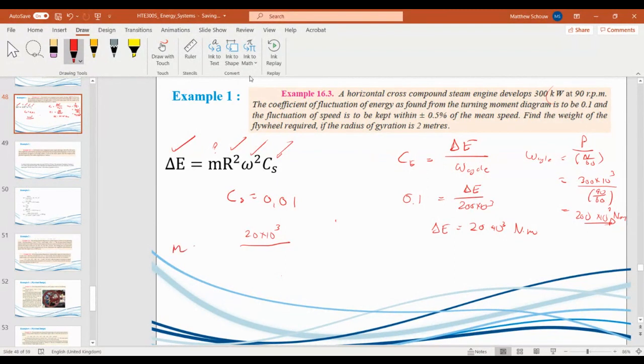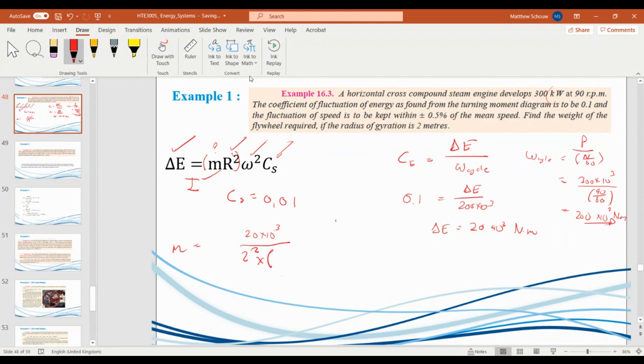So we find the mass of the flywheel, which is the typical thing I mentioned you're going to do. We're taking R squared, which is the radius of gyration. So remember, this is also I, which is your mass moment of inertia. Anyway, so R was 2 squared times omega, which is always at your mean speed.